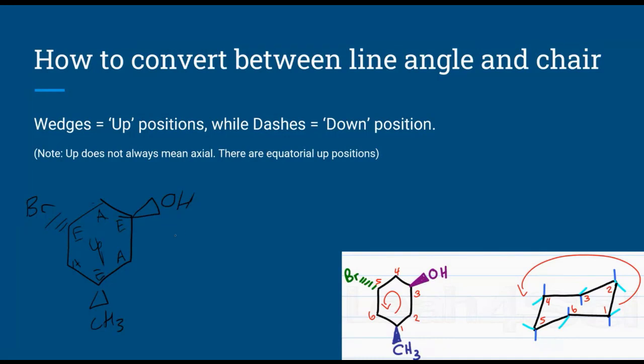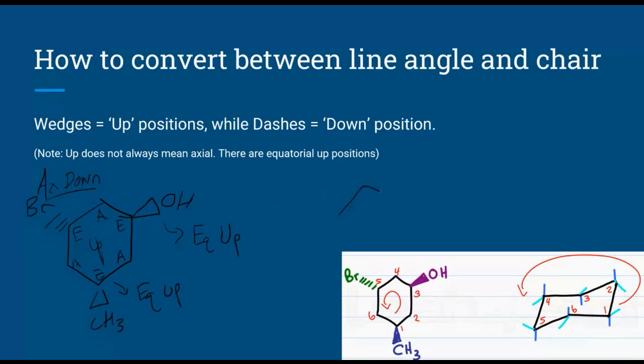Because it's a wedge, this is equatorial up. Axial, equatorial. Because it's a wedge again, this is also going to be equatorial up. Axial, equatorial. The wedge would indicate equatorial up, but because it's a dash, this indicates an axial down.